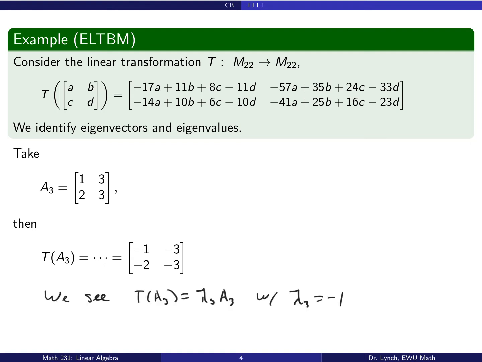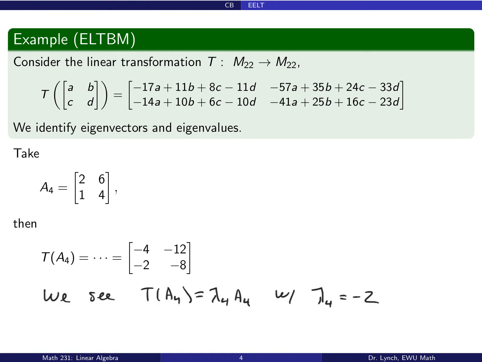So A3 is an eigenvector with associated eigenvalue minus 1. And the last eigenvector turns out to have eigenvalue negative 2. So the image under the transformation T of the element A4 is lambda 4 times A4, where lambda 4 is equal to negative 2.